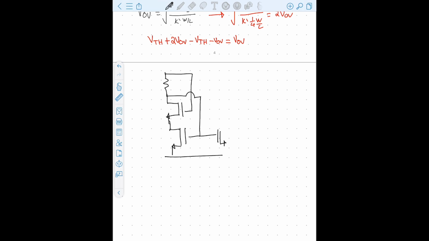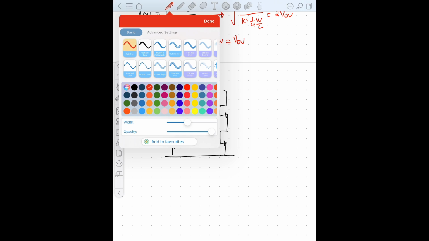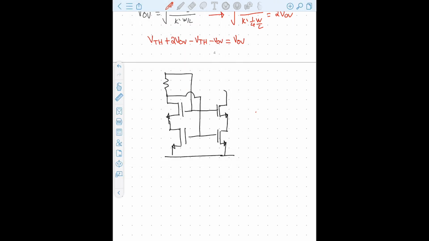In fact, I've used it before when biasing might not be critical, but whenever I use it, I always make sure that I have extra room at the drains of the current mirror, because with variations in R here, it's possible that this drain and this drain might get squeezed into triode, and then you're not operating in a desirable place.